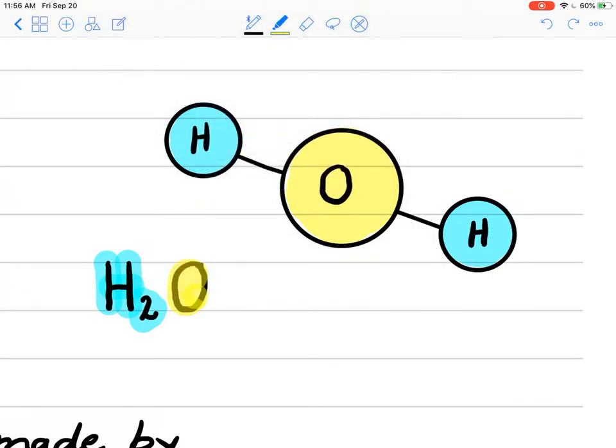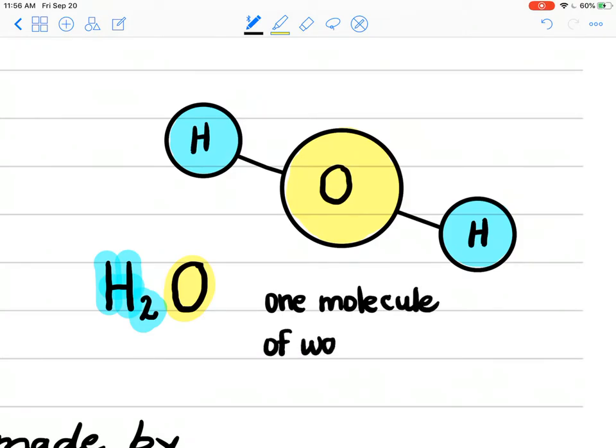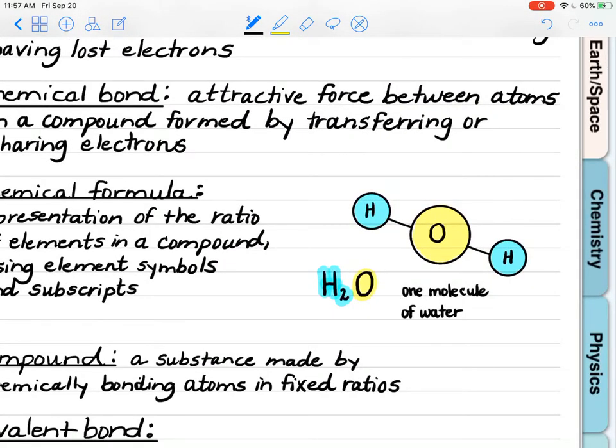What is H2O? Where have you heard that before? H2O. This is one molecule of water that we drink. H2O is the formula for the water that we drink.